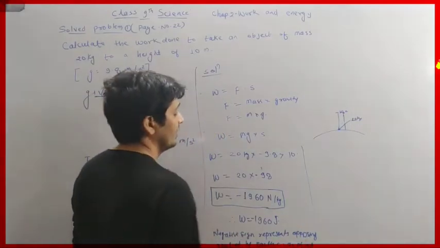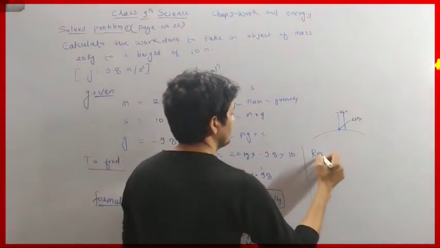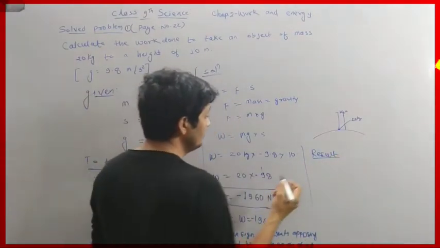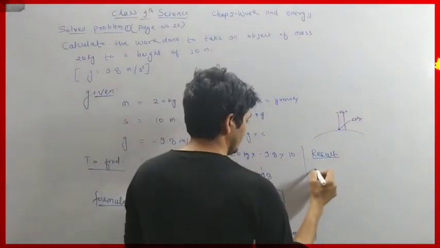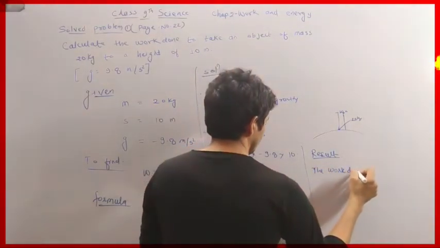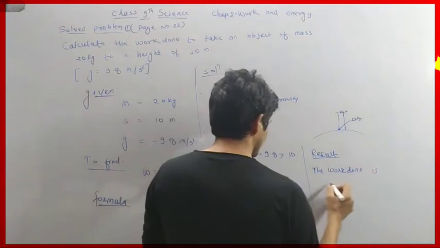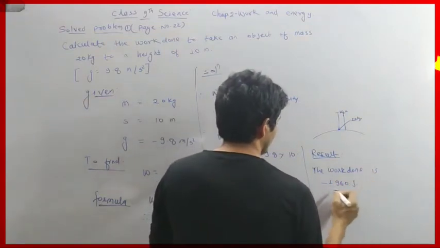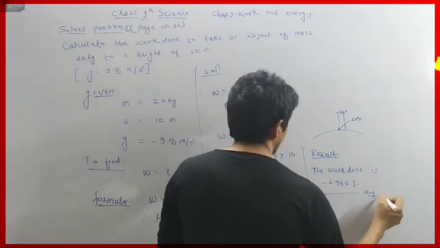Okay, so now we will write the result. So what will be the result? The work done is negative 1960 joules, and it is our answer.